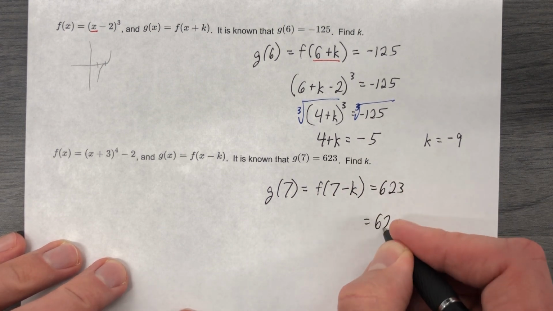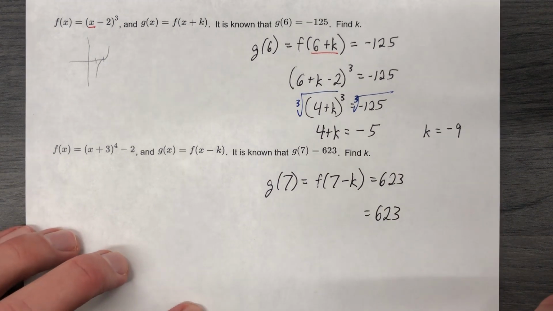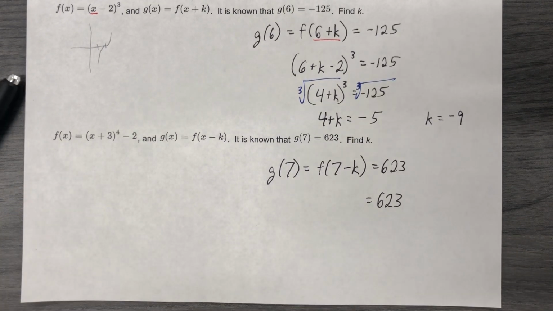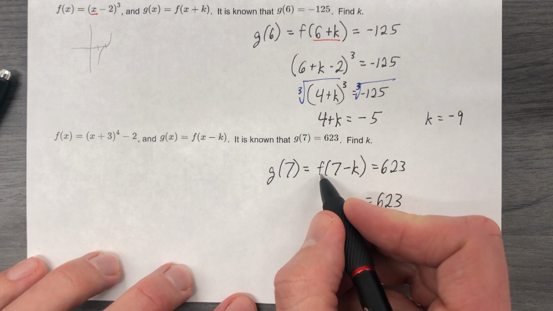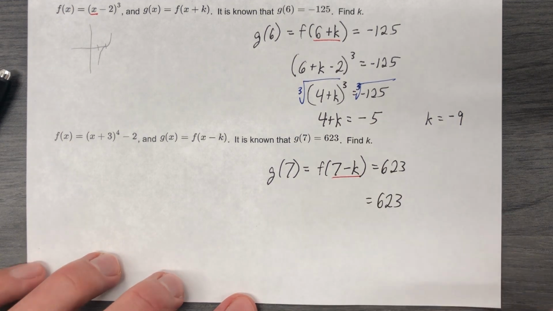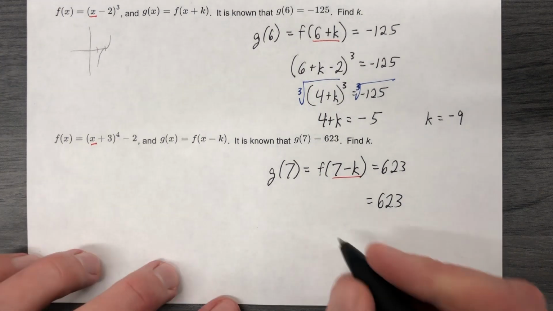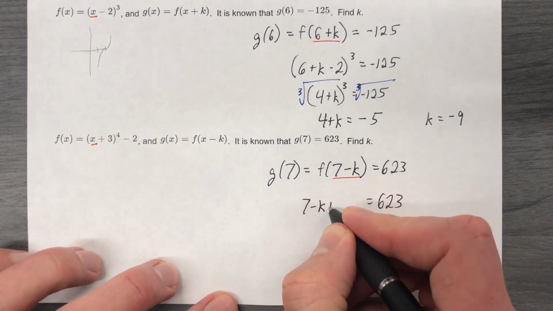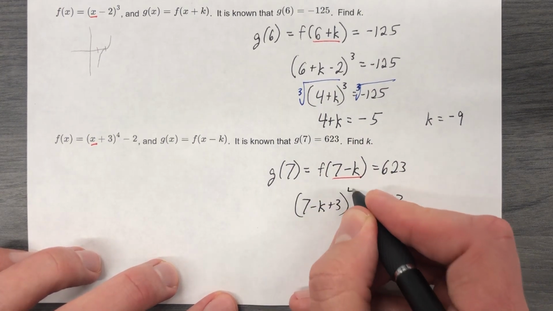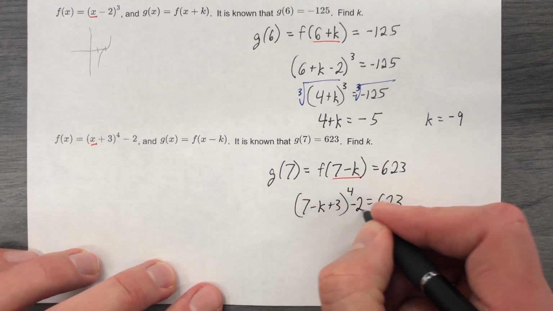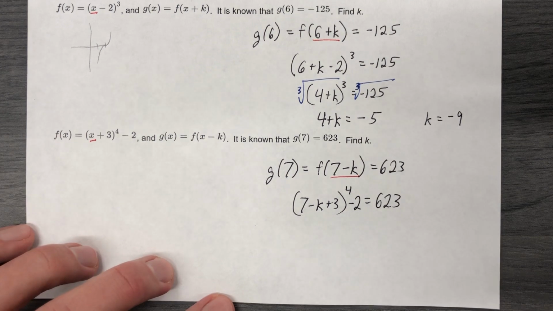That's good to know. Let's do that red underlining thing again. f of 7 minus k: this is my input, and my input is x. So we're going to have (7 minus k plus 3) all to the 4th power, minus 2. There's a little bit extra on this one, but we can do it.